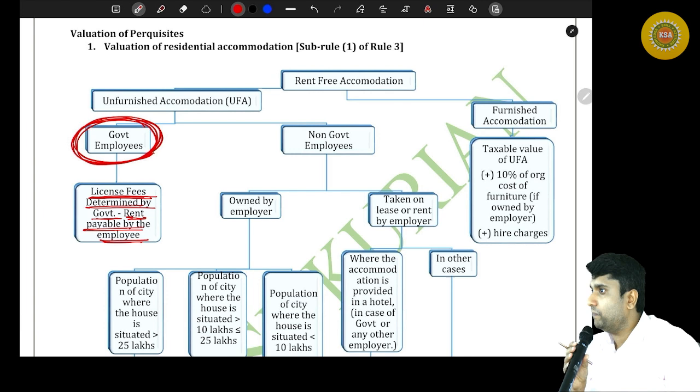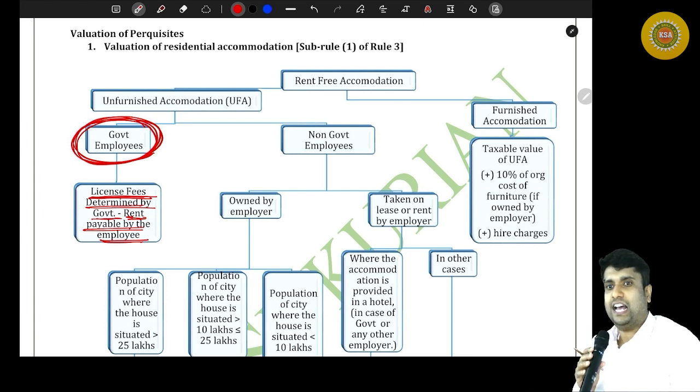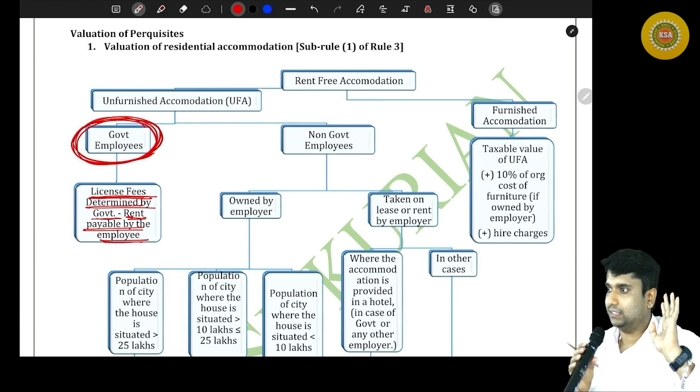What if the annual value is less compared to the rent? Say the annual value is 1 lakh and you pay 1,10,000 as rent every year. Then what to do? Nothing is taxable. Don't claim any deduction.